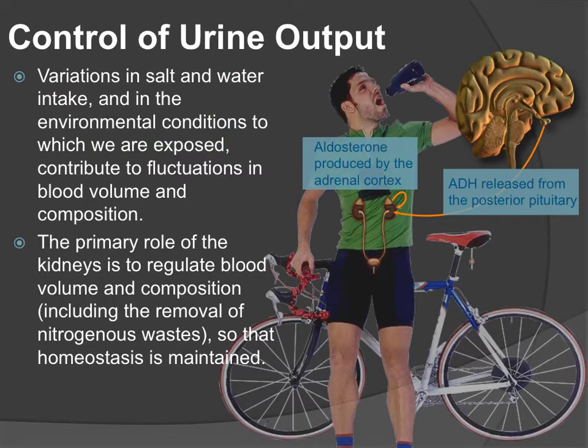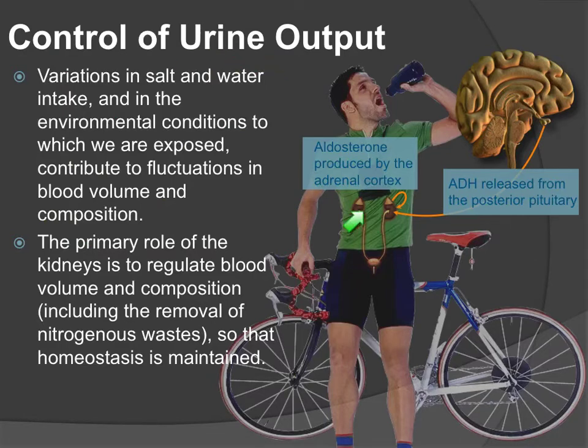For example, in much hotter temperatures, we're more likely to lose water, and therefore our body will want to retain more water rather than excreting it. The urine that is output is in response to blood volume and the composition of the blood, and that changes over the course of a day and in different environmental conditions, and therefore the urine output changes accordingly.